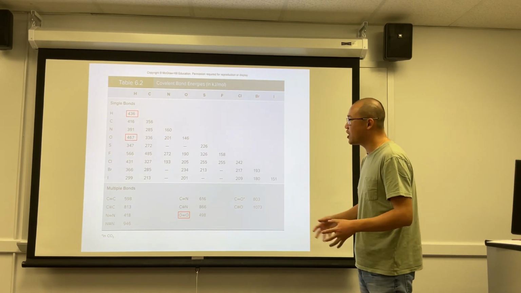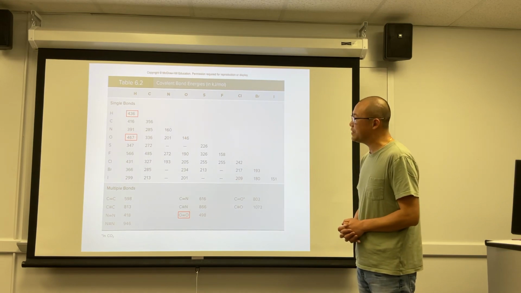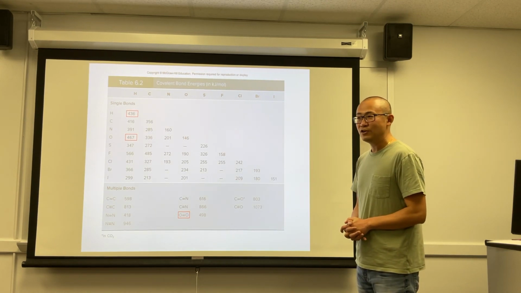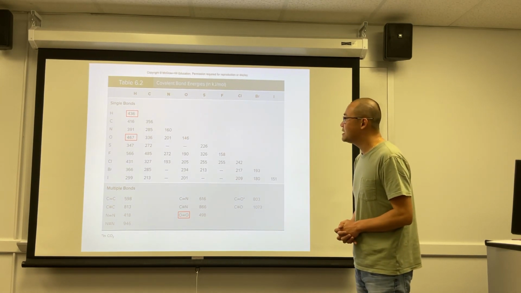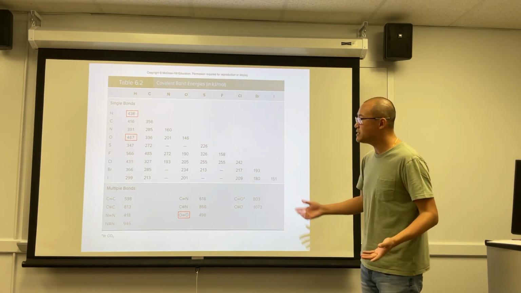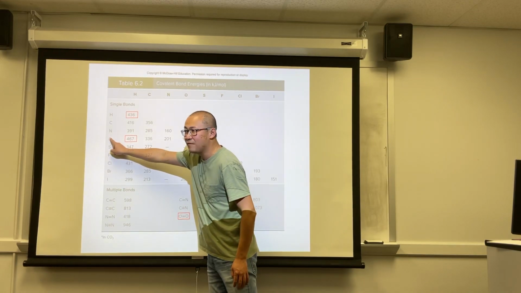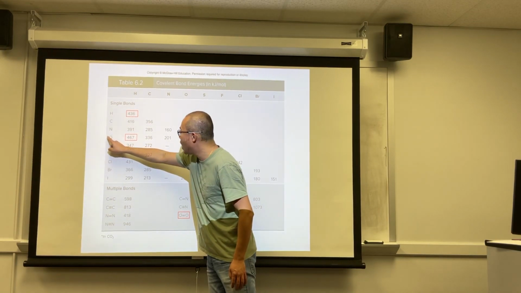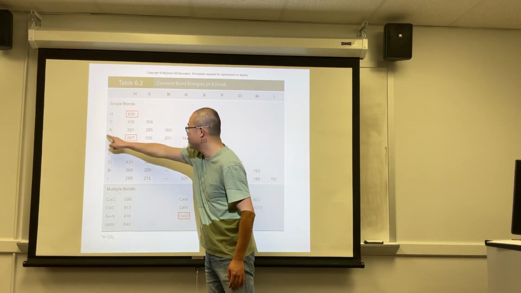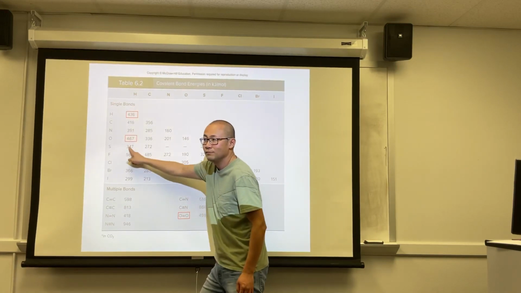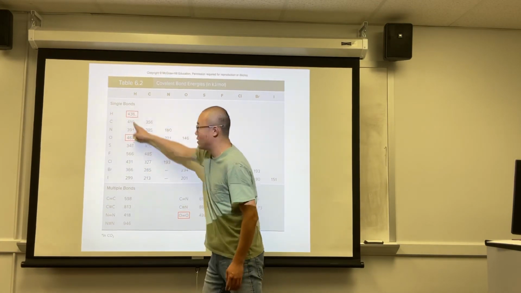What does this chart tell you? It tells you the amount of energy needed to break any bond. How do we use it? For example, if I have a bond between oxygen and hydrogen, then you just look for hydrogen and oxygen crossed.